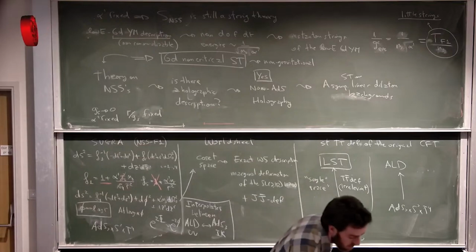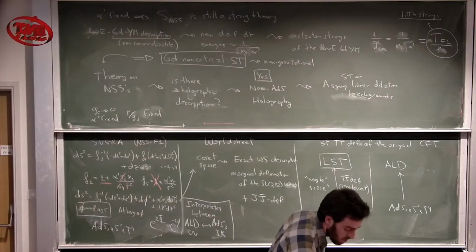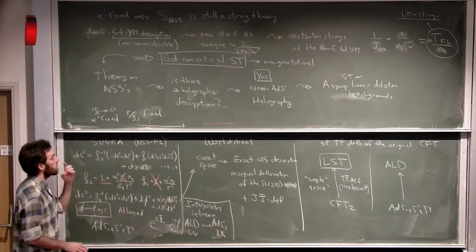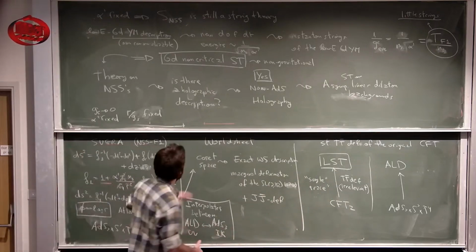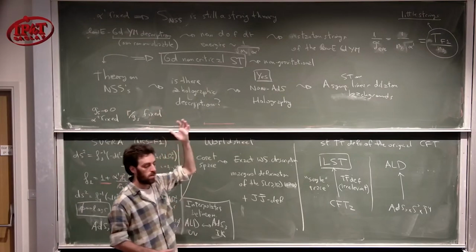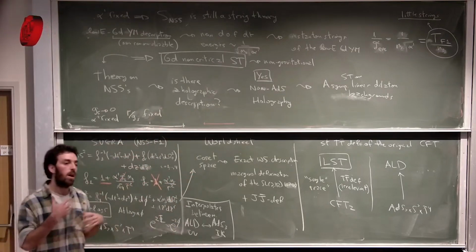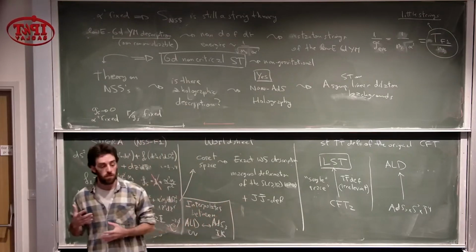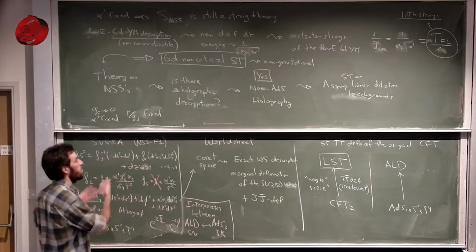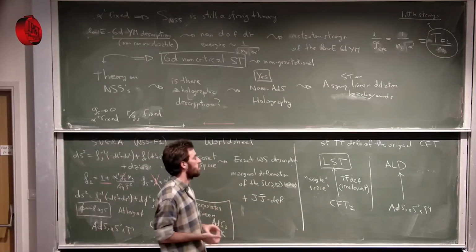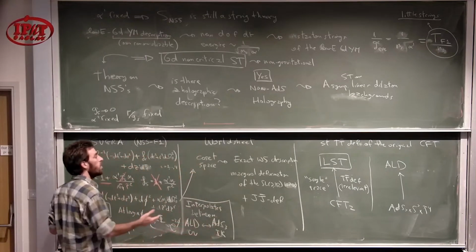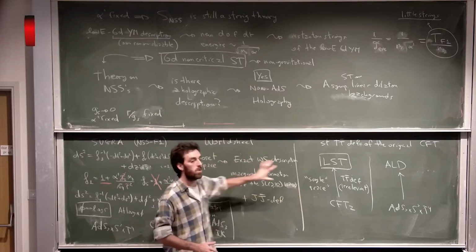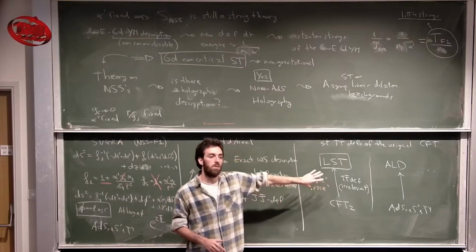And this is where I kind of want to stop. For me, the story is interesting because, even though this theory was defined a long time ago, up to recently it was not that clear how you could compute correlators and study many things about it, because it's a complicated non-gravitational string theory. And the new developments have been mostly on saying, okay, we actually have two concrete ways of computing correlators in this theory.